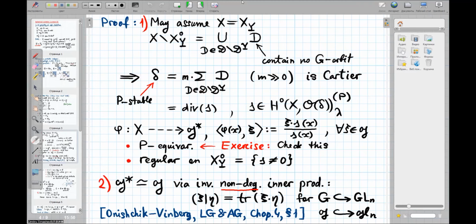And maybe we shall discuss some applications of this local structure theorem to the geometry of spherical varieties. This is my plan for the 23rd lecture, the last but one, on next Monday.